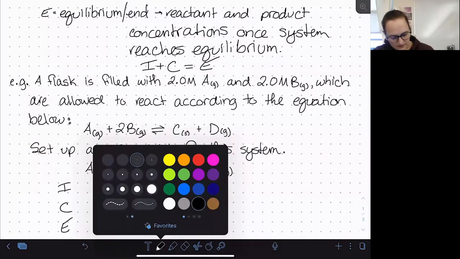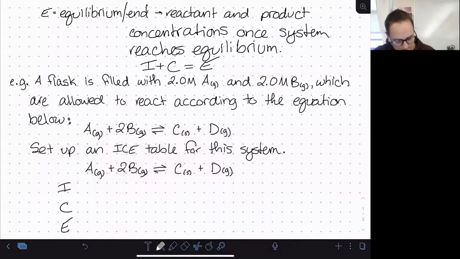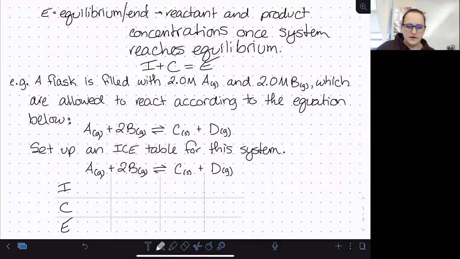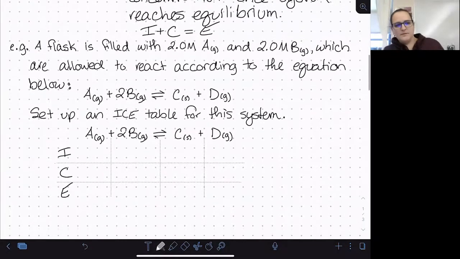But you can include lines if you so choose, just to divide up your rows and columns. So we'll have a column for each reactant and product, because we'll need to list a concentration for each of these. And then we have our 3 rows, I, C, and E. So lines are optional, but to at least get us started, I'll draw them in there.